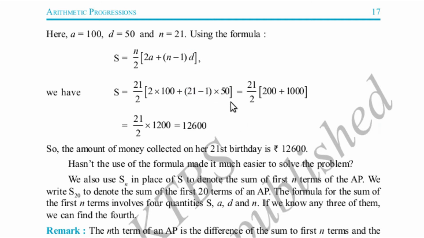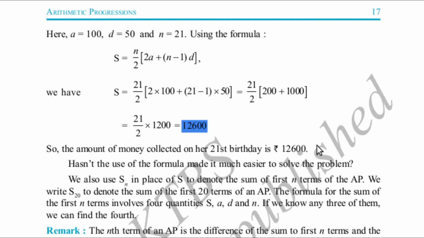When we solve the equation, we get 21 divided by 2 into 200 plus 20 into 50, which is 1000. Finally, the sum at the end is 12,600 rupees. So the amount collected on her 21st birthday is 12,600 rupees.